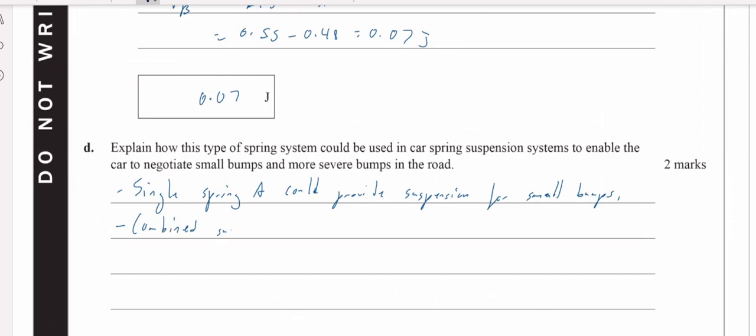Combined system A plus B could provide suspension for more severe bumps and small bumps. And that's all.